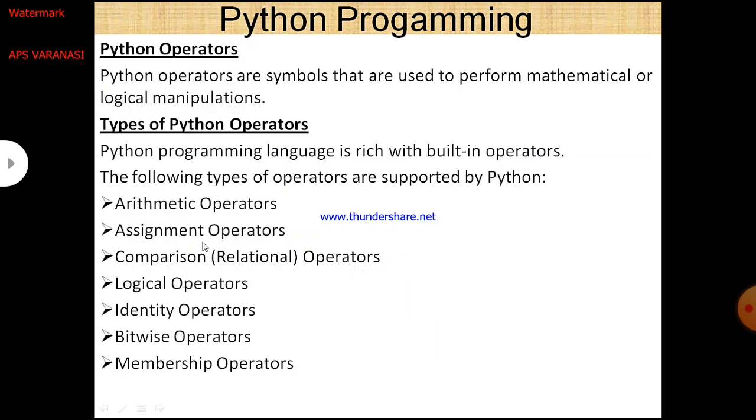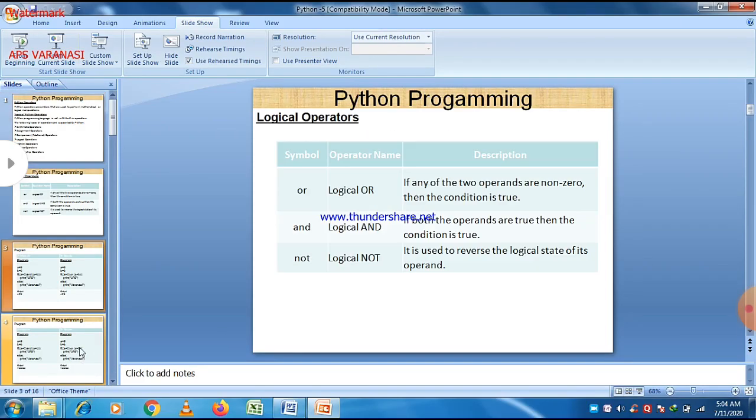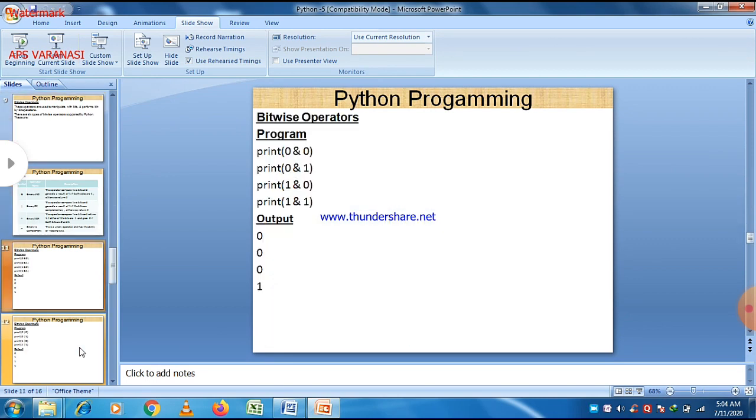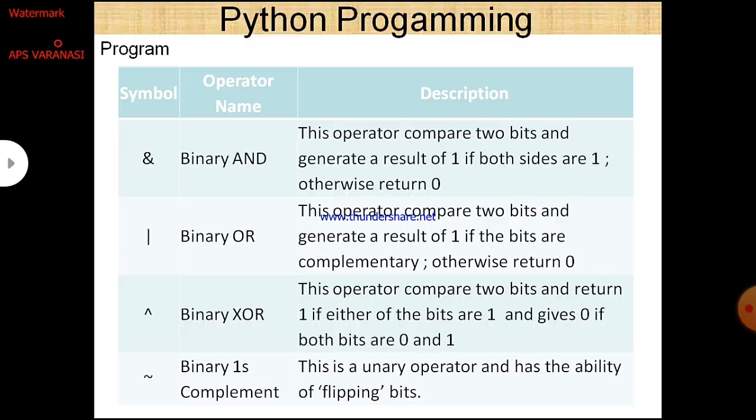As far as bitwise operators are concerned, we discussed 4 operators in the bitwise category: bitwise OR, bitwise AND, bitwise NOT, or bitwise complement, and bitwise XOR.